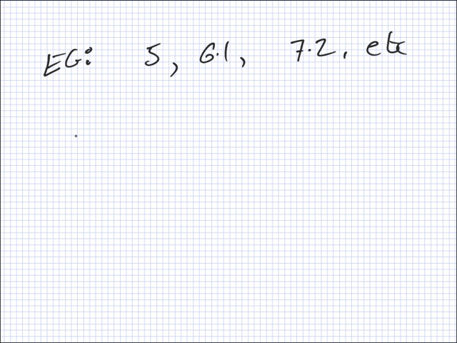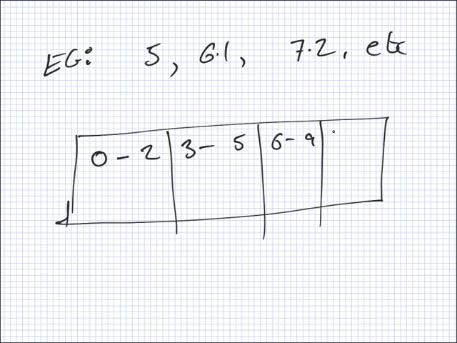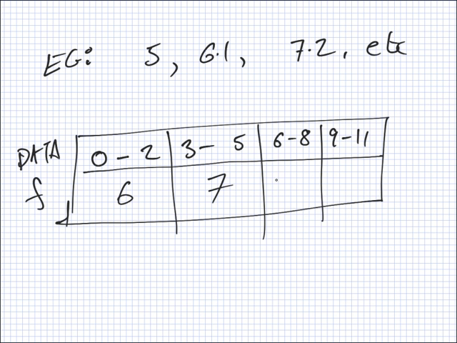And I collect all the data and it's in a table like this. 0 to 2, 3 to 5, 6 to 8, and 9 to 11. Let's say I have a frequency of 6, 7 of these, 8 of these, and 2 of these, as an example.